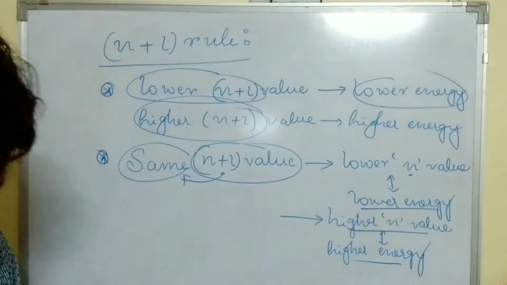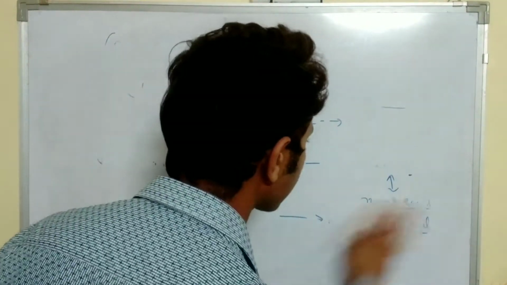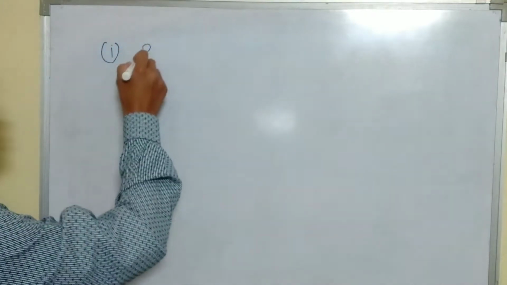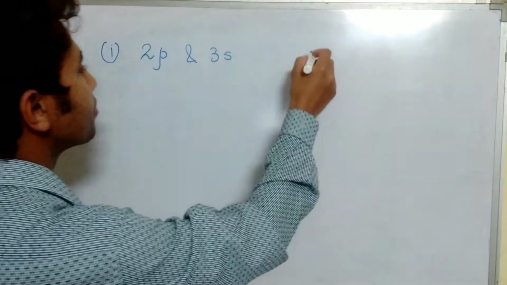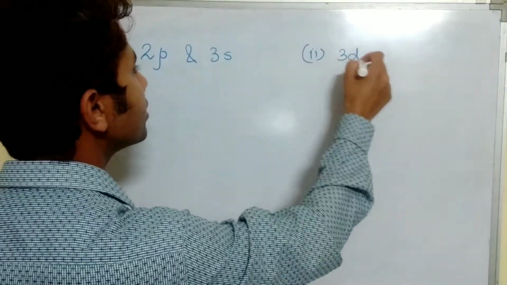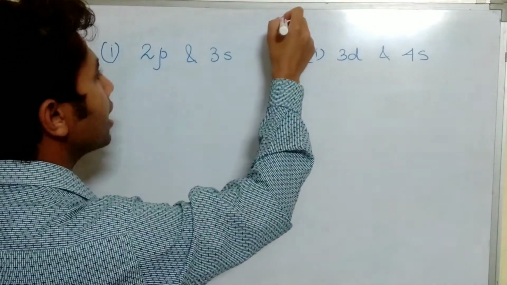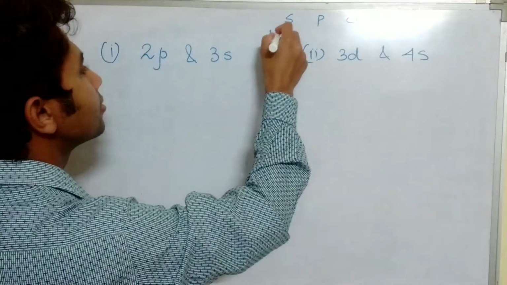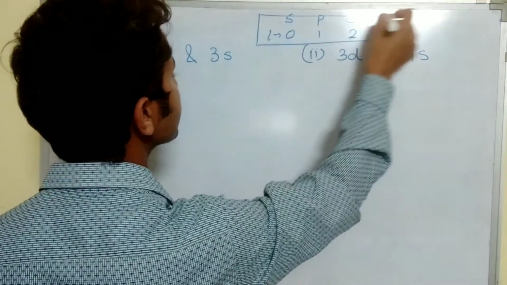So if we take two examples, number 1: 2p and 3s, and number 2: 3d and 4s orbitals. We know that the L values for s, p, d and f are 0, 1, 2, 3 respectively.